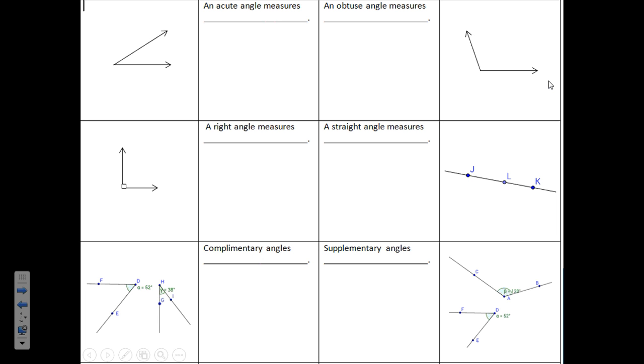Those two add up to 90 degrees. Likewise, we have an angle A, or CAB, or BAC, that measures 128 degrees, and an angle FDE, or angle D, that measures 52. Those two are supplementary. They add up to 180 degrees.